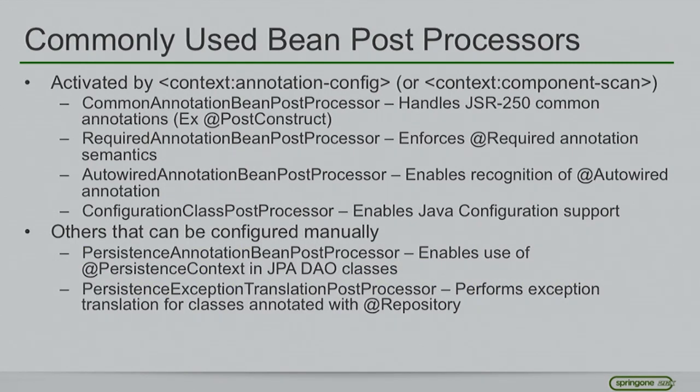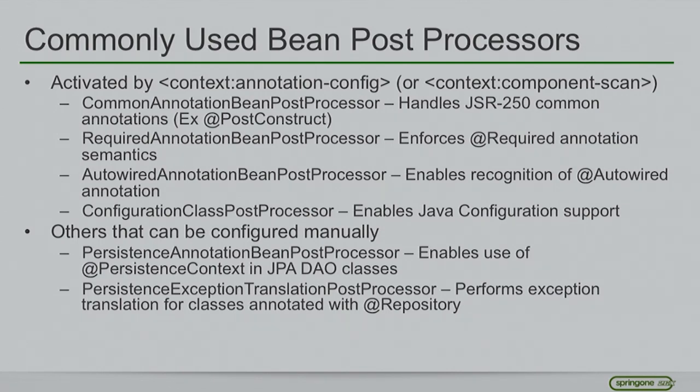All right, so the reason I brought that up is because Spring has a whole array of bean post processors that are available out of the box. Some of them get enabled not because I configure a bean directly, but because I use one of these tags, context:annotation-config. Anybody use that tag?